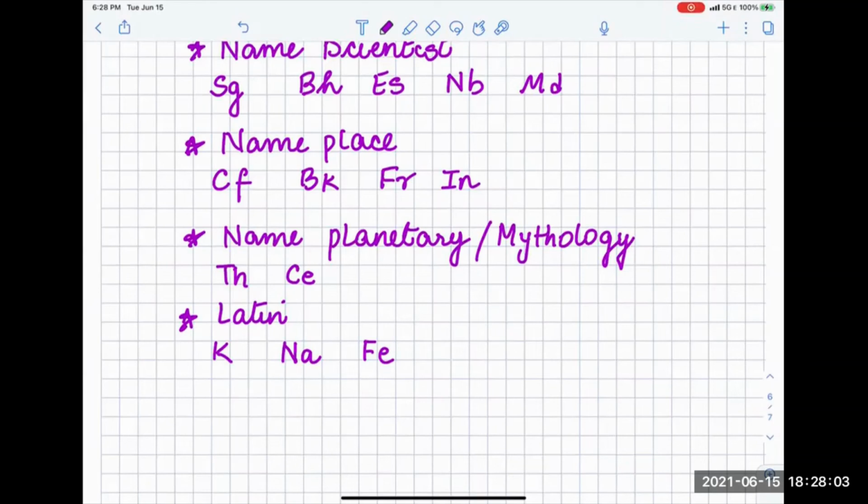These symbols don't match the English names, so we use their Latin names. Some others are like silver, gold, mercury. You can add on more, but that's what it is.